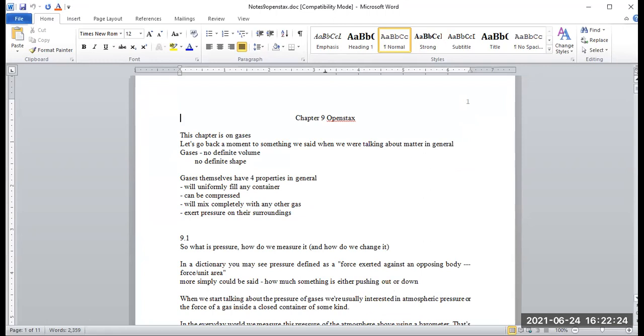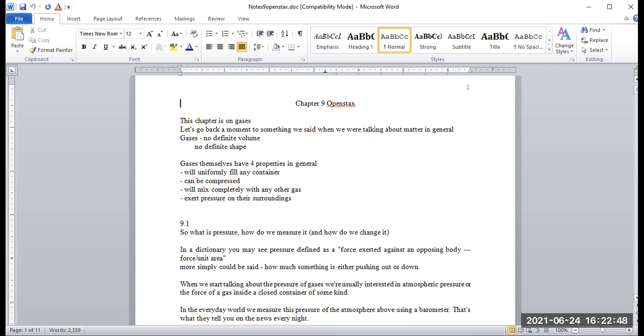You can squish them. If you have lower pressure, they will expand. They can fit in a lot of different places. They also have no definite shape. Doesn't matter whether you're putting it in a scuba tank or in a Mickey Mouse shaped balloon. They will assume the shape of their container.